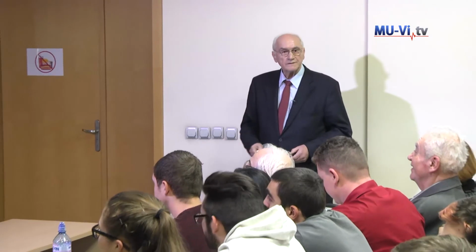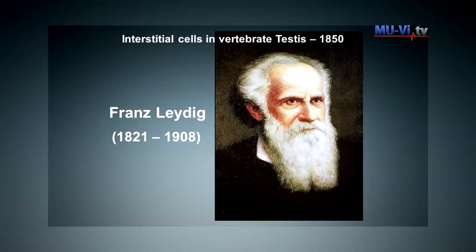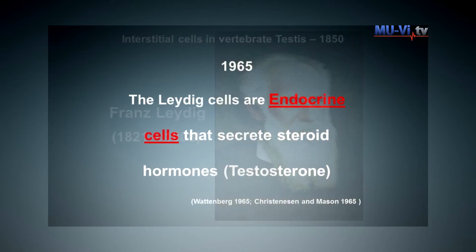These cells were found by Franz Leydig, a German zoologist and anatomist, who in 1850 for the first time described this type of cells in different vertebrates.